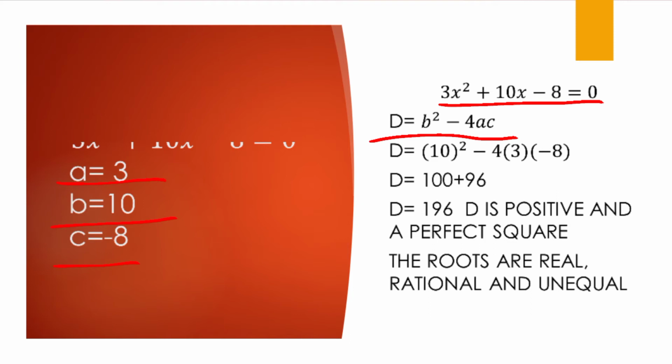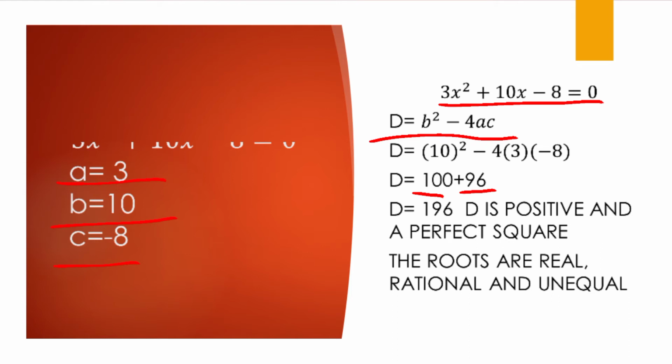So B is 10, 10 squared, minus 4 times A, which is 3, times C, which is negative 8. Then, simplify. 10 squared is 100. Negative 4 times 3 times negative 8 is positive 96.